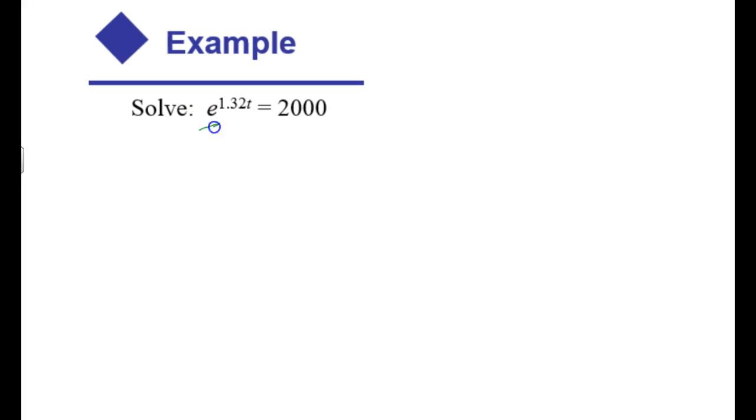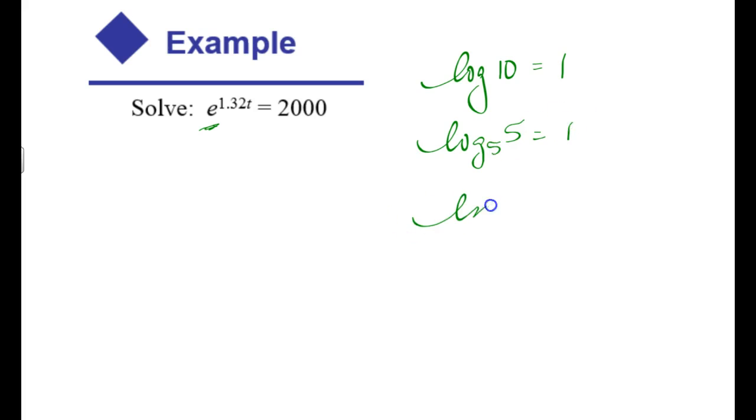So if you ever see an e in a problem, I would choose to natural log it. Let's see, we know a couple log properties. The log of 10 is equal to 1. The log of 5 base 5 is equal to 1. And the natural log of e is also a 1. And the reason why is because of the definition of logs. There's a base 10 down here, excuse me.